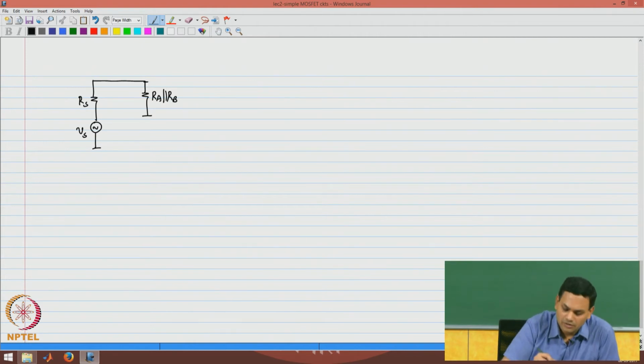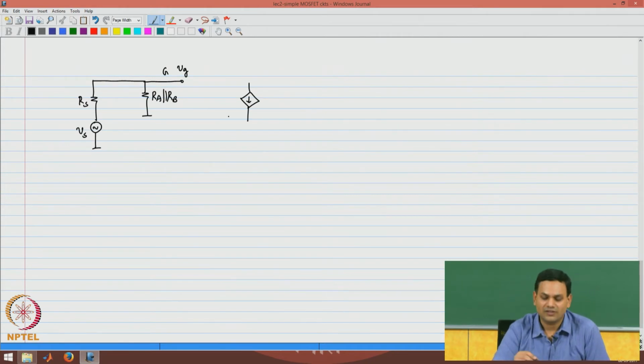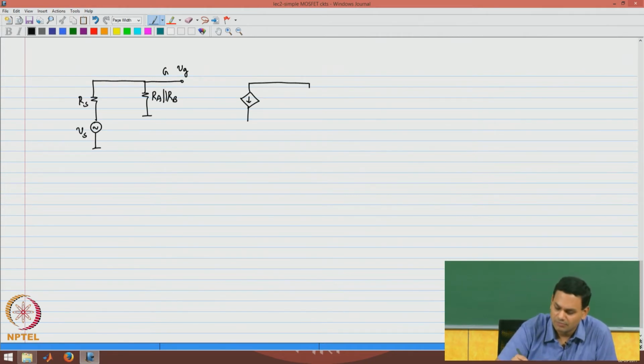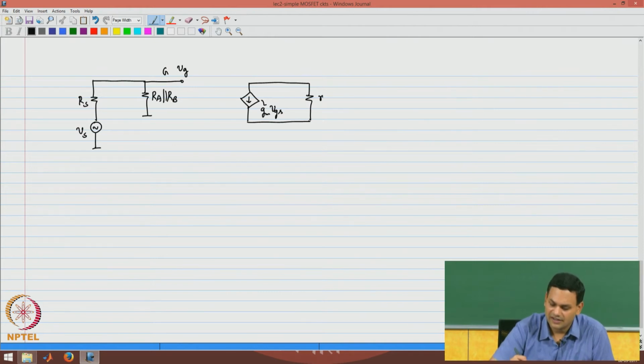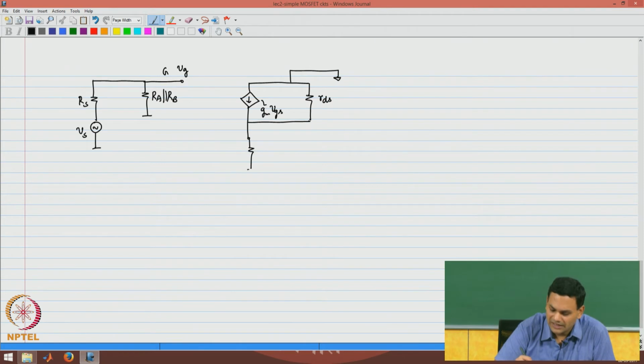At the gate terminal, the small signal equivalent circuit looks similar. On the output side, there is some small difference, as we will see. This is GM times VGS and this is RDS, but now the drain terminal is at small signal ground, and at this point the current source is an open circuit for small signal, and you have the load resistance RL.